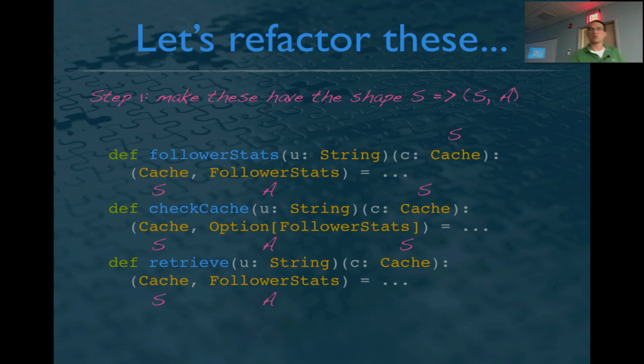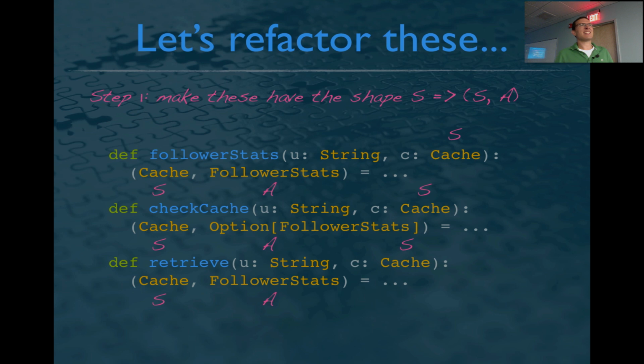Right, so let's look at the two slides. This was our normal function, and all we did is take that single parameter list and turn it into two parameter lists. And you wouldn't even really have to do that. I can just partially apply this function. I can take followerStats, give it a string, and use an underscore for the cache. Effectively, what I'm doing is creating a lambda expression that, given an input cache, will invoke followerStats with those parameters.